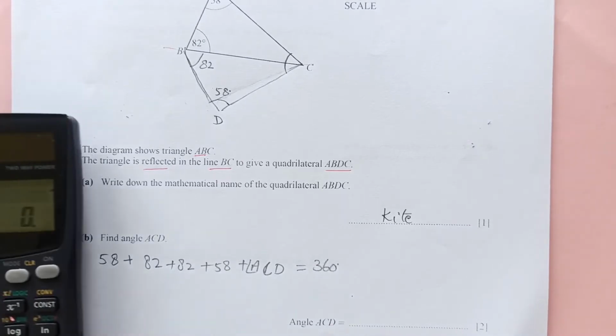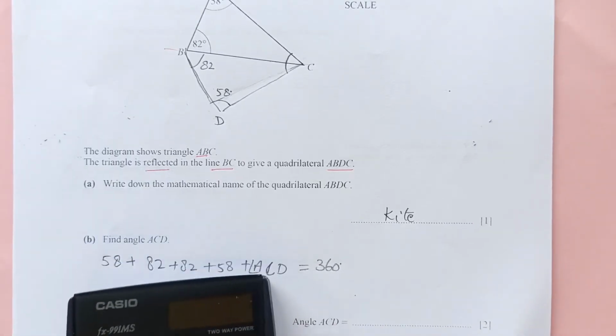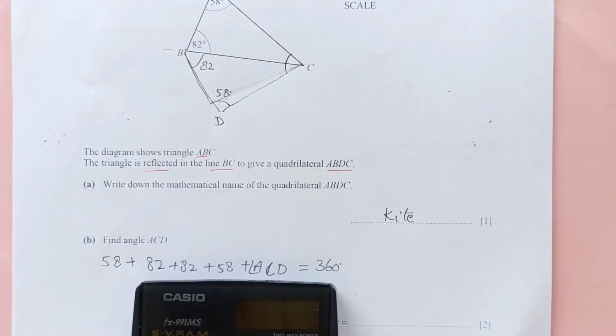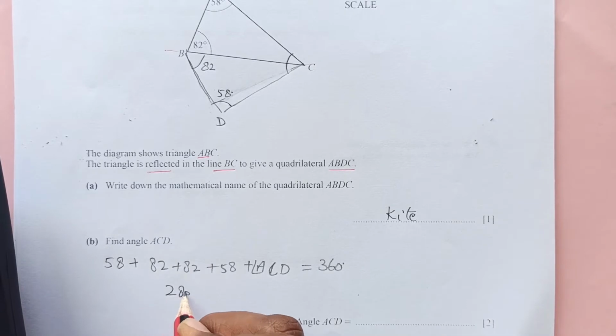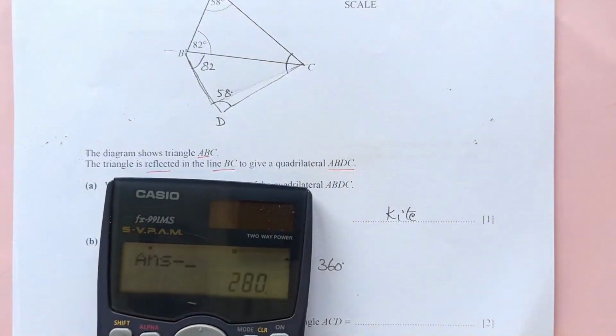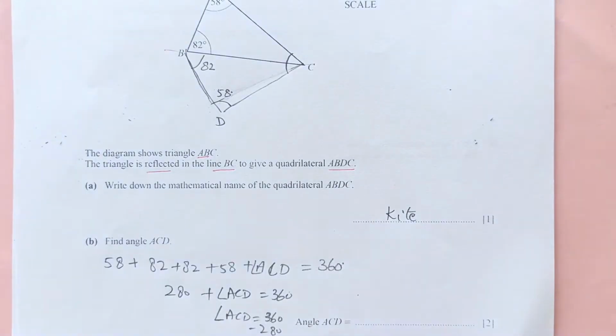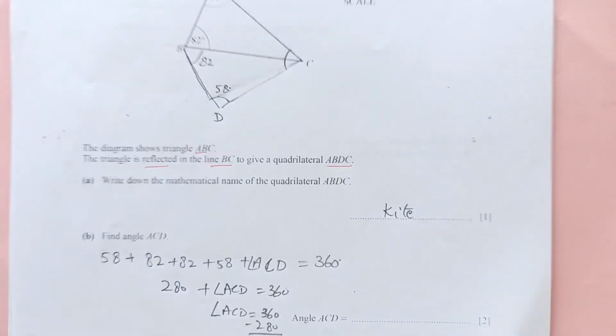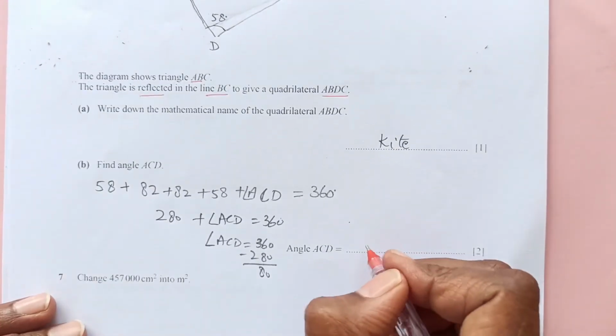So now let's see, 58 plus 82 plus 82 plus 58, this is 280, plus angle ACD equals 360. So angle ACD will be 360 minus 280, so 80 degrees. So final answer will be 80.